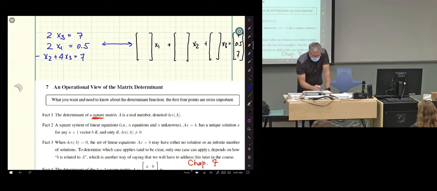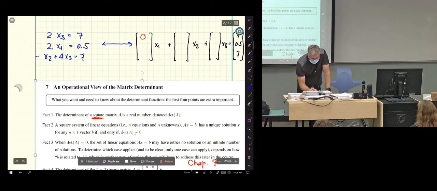Okay, so I look at my equations, and what's multiplying x1 in the first equation? There's a 0. What's multiplying x1 in the second equation? There's a 2. And what's multiplying x1 in the third equation is once again a 0.